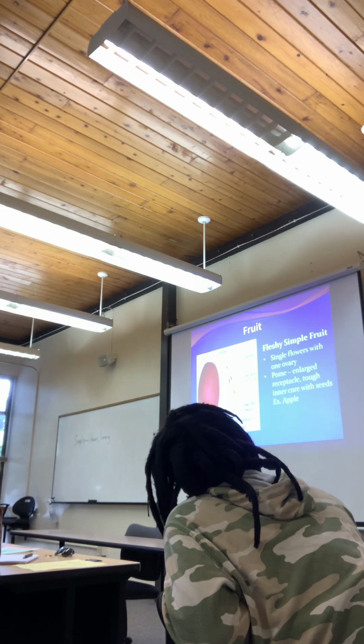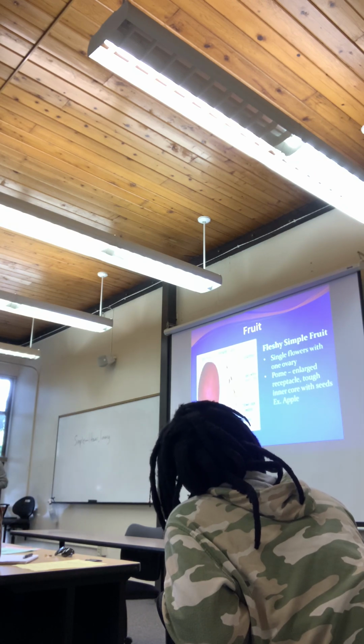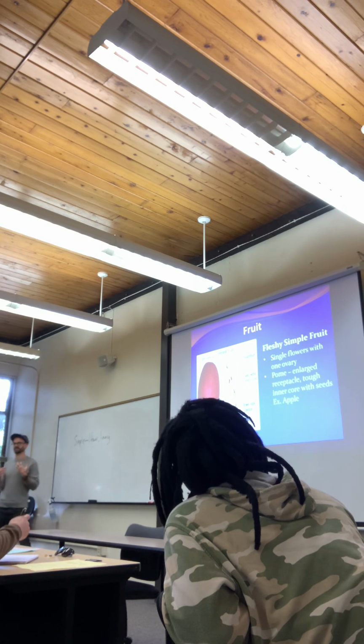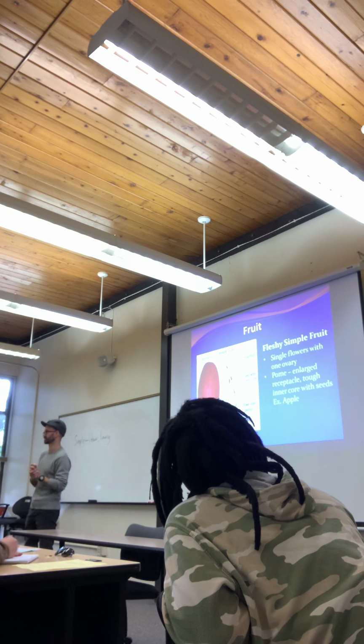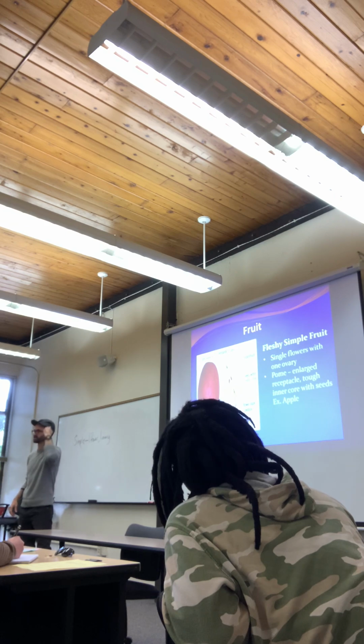In contrast, sorry, one more fleshy, simple fruit example. I'm using things that we classify at the grocery store as fruits, but when we're talking botanically about a fruit, it's a seed with some kind of pericarp around it, any kind of fleshy something around it, which is not always soft and juicy and sweet like a peach or a tomato.